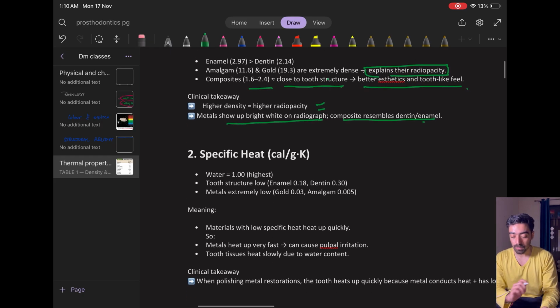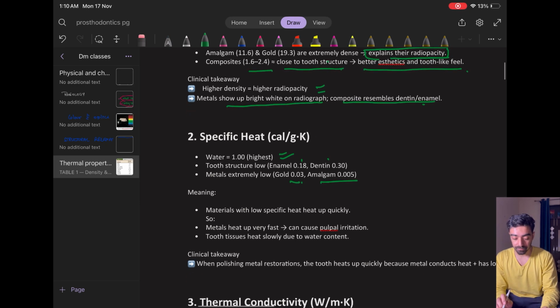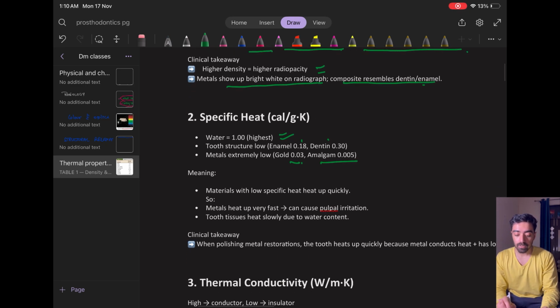Now coming on to specific heat. Water has 1, which is the highest. Tooth structure has a low specific heat, enamel and dentine. Metals have extremely low, 0.03 and amalgam 0.005. Meaning materials with low specific heat heat up quickly. So metals heat up very fast with low specific heat, as you can see 0.03, 0.005, and can cause pulpal irritation.